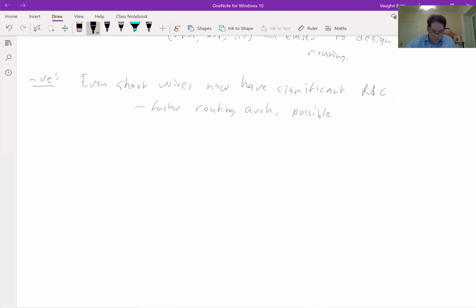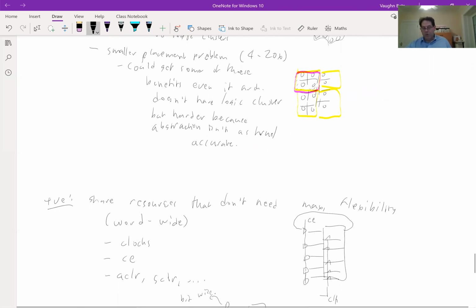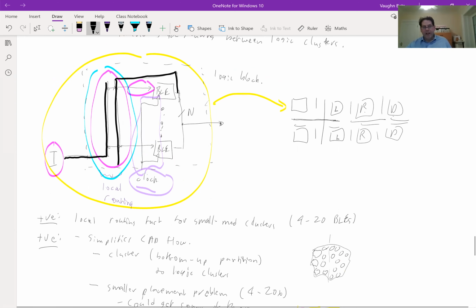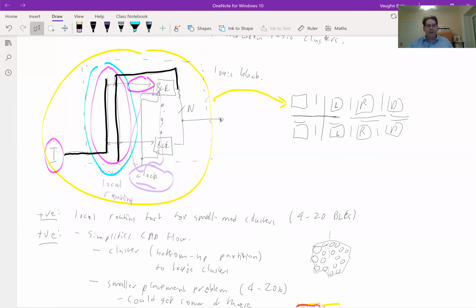If we break up that local routing into something more island style, something more based on a 2D distance grid, it's not clear exactly what will happen there.